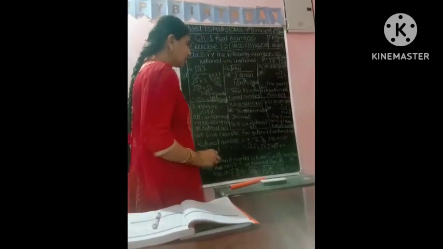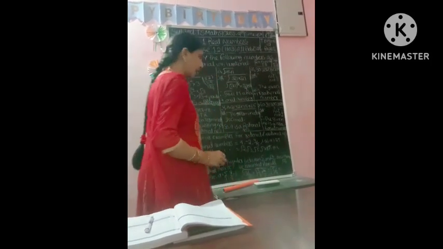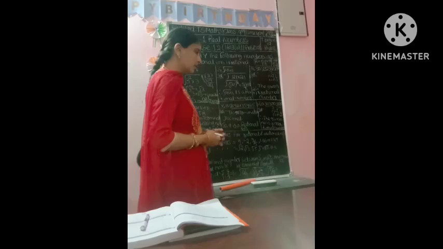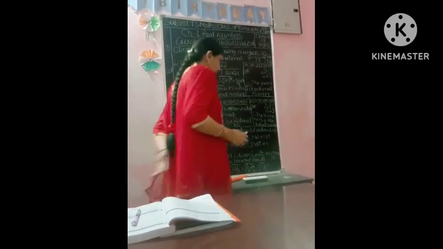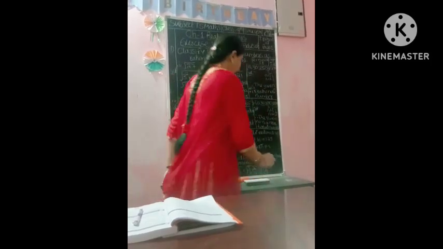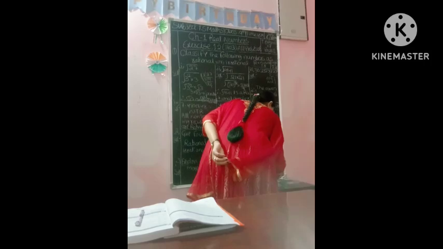Root 5 by 9. The numerator 5 is not a perfect square, but the denominator 9 can be written as 3 squared, so 9 has a square root. But 5 does not, so root 5 stays as it is, and root 9 is 3.